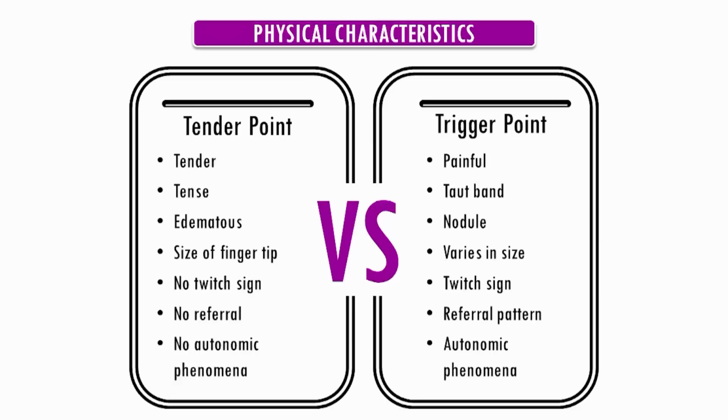Whereas a trigger point is oftentimes painful and has a taut band or a pea-shaped nodule. It varies in size. It has a distinct twitch sign, or it can have. It has a distinct referral pattern and oftentimes autonomic phenomena associated with it. The symptoms of these two points are pain and loss of function.